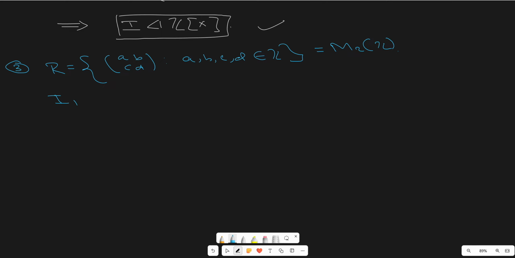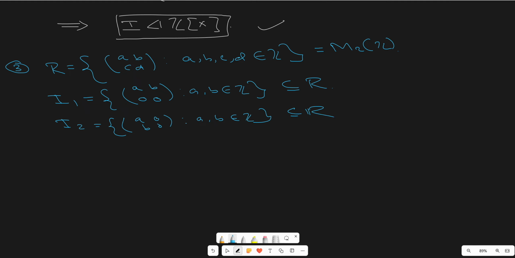So I am giving you two subsets of this R. I1 is the set of matrices (A, B; 0, 0) such that A, B are inside Z, which is a subset of R, and I2 is the set of matrices (A, 0; B, 0) such that A, B are inside Z, which is a subset of R. You have to check whether I1 and I2 are ideals of M2(Z).